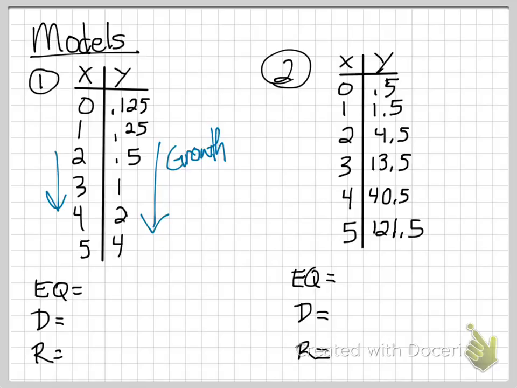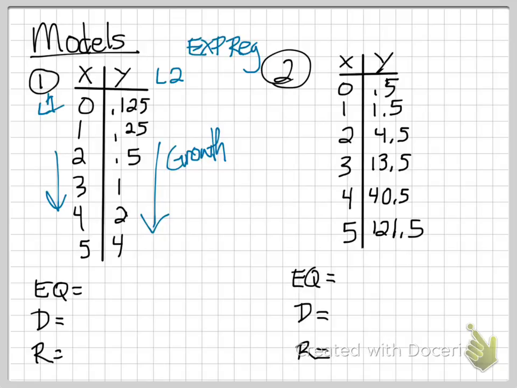My equation, I would go to Stat, Edit, plug these numbers into the table. X goes in L1, y goes in L2. Then go Stat, Calc, and scroll down to EXP Reg. Remember, exponential regression.